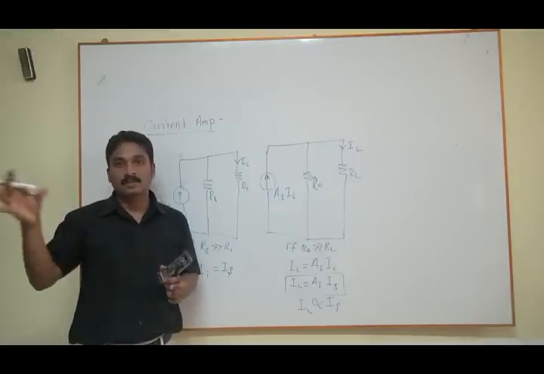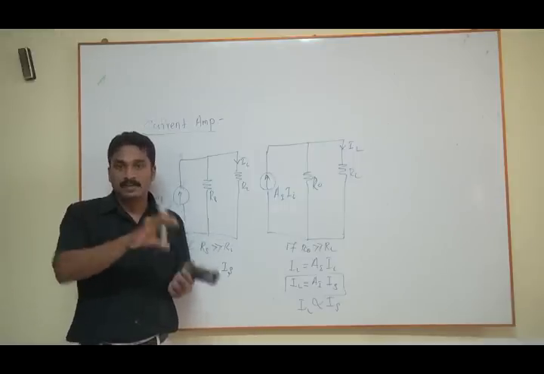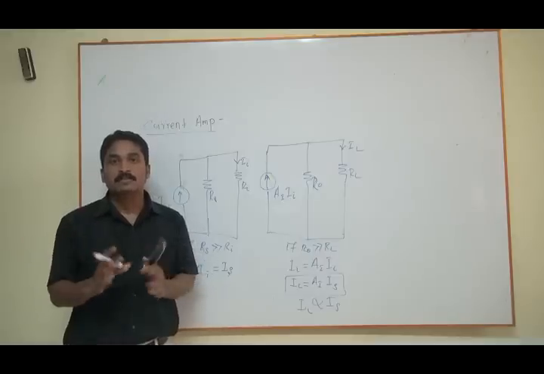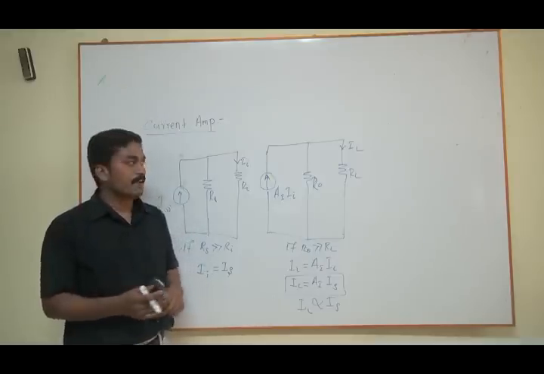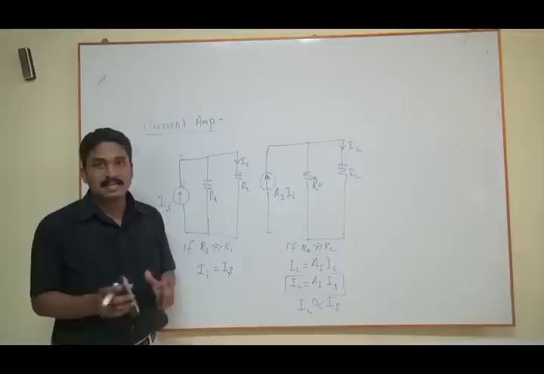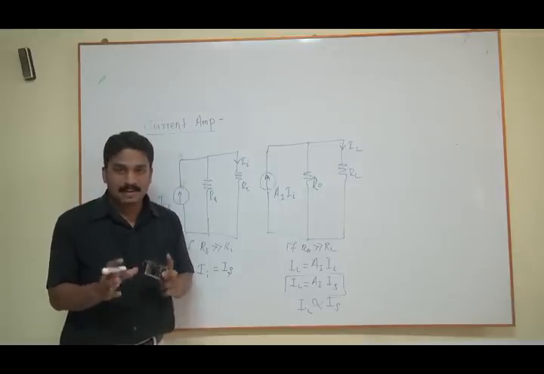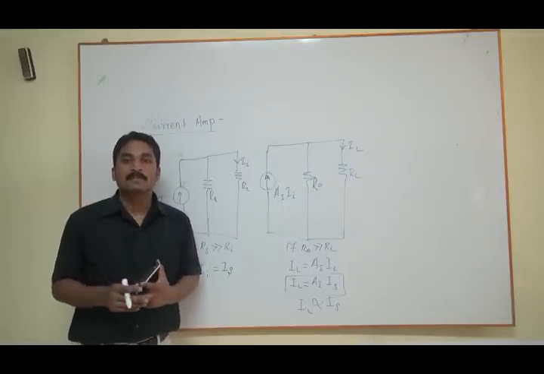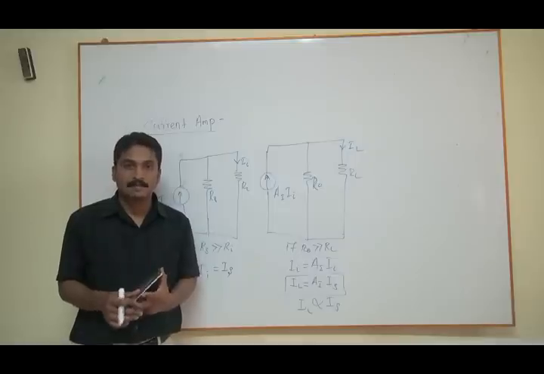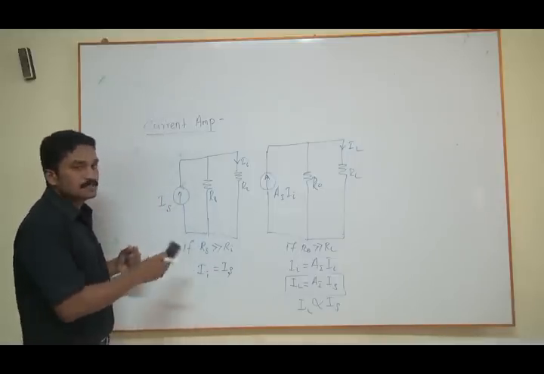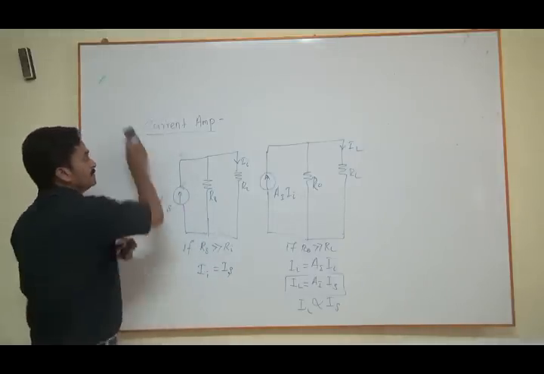So depending upon the feedback signal and the connection at the input side and output side, we classify the feedback amplifiers. If we have knowledge of the general amplifier classification, then we can come to know about the feedback amplifiers very easily, right? And the next one is the transconductance amplifier.